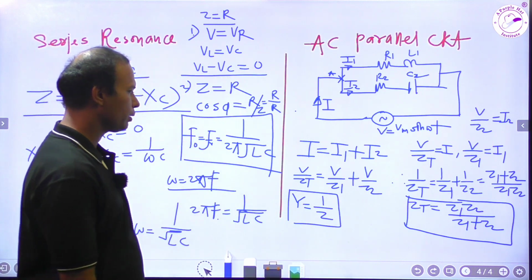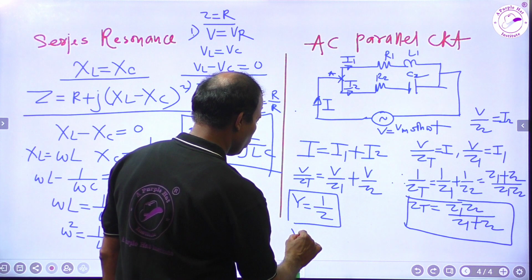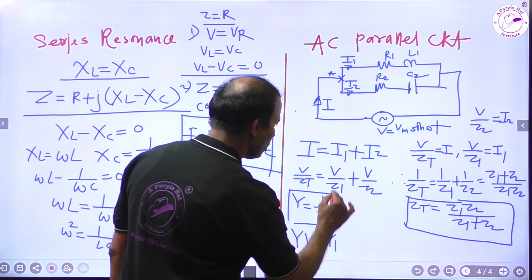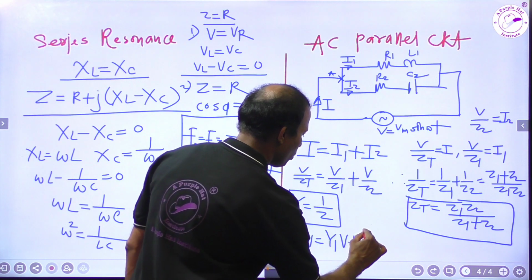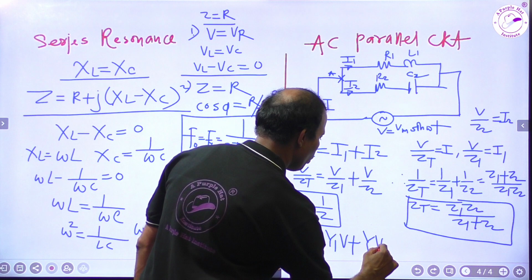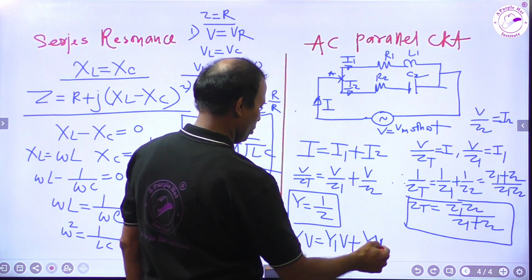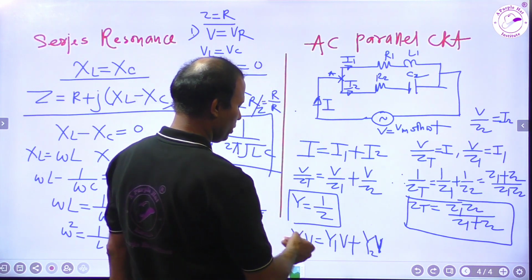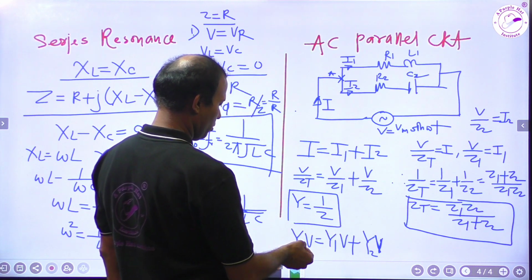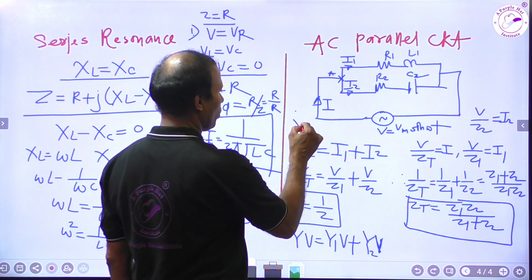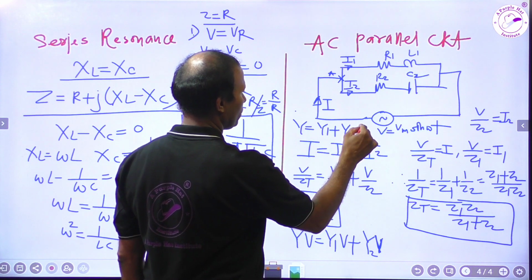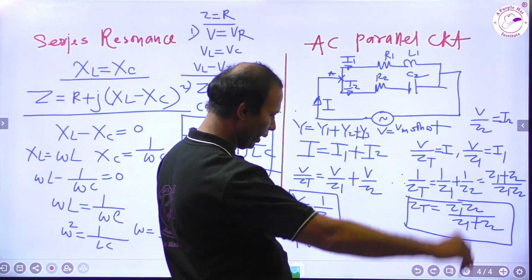So Y V = Y1 V + Y2 V, the V cancels, and I get admittance Y = Y1 + Y2 + Y3 if there are multiple branches.